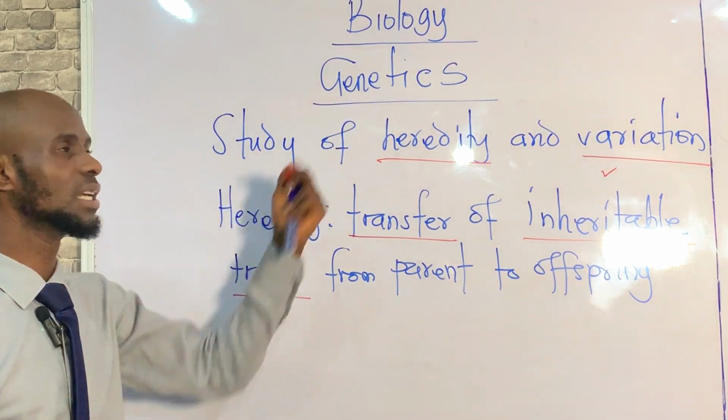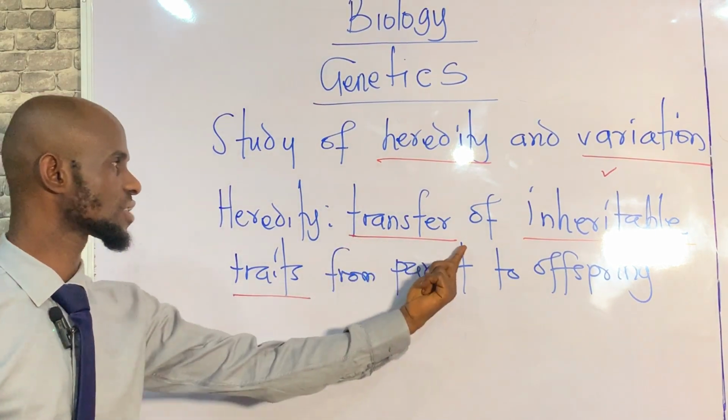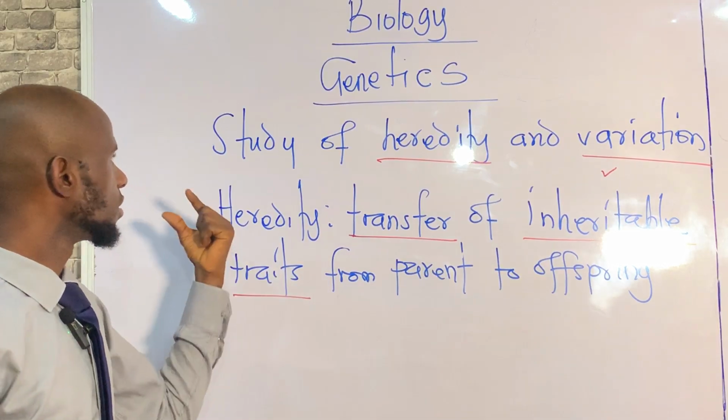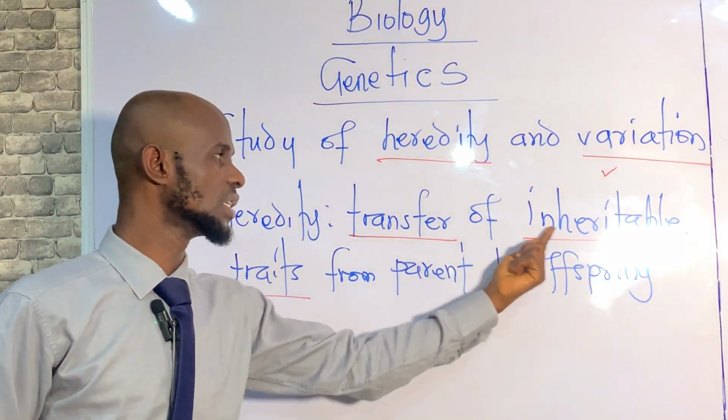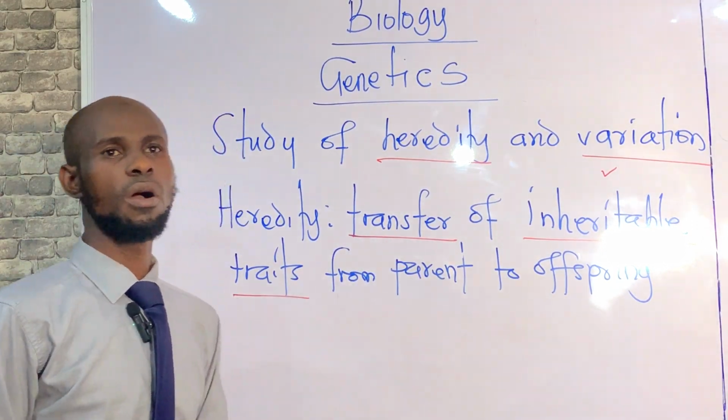So we can redefine genetics by saying genetics is the study of transfer. Instead of saying heredity, just replace this sentence. It's the study of transfer of inheritable traits or characters from parents to offspring.